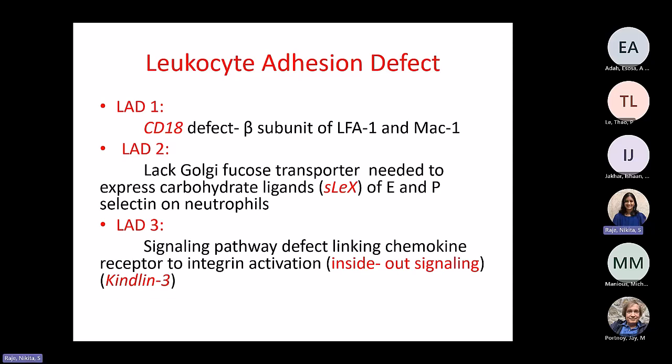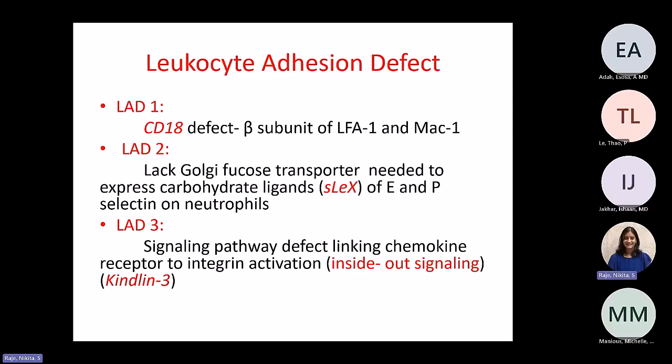So we're going to move on, but I would like you guys to learn more about LAD type 1, type 2, type 3. The typical LAD, you hear about high neutrophil count and delayed separation of umbilical cord, wound healing issues, where if there are skin subcutaneous infections, if you try to drain them, there's no pus formation.